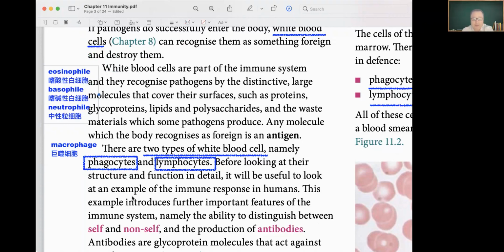They are also very important to fight against foreign antigens, such as bacteria, mostly bacteria.